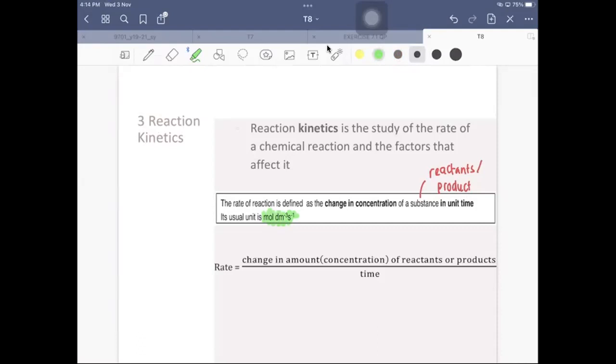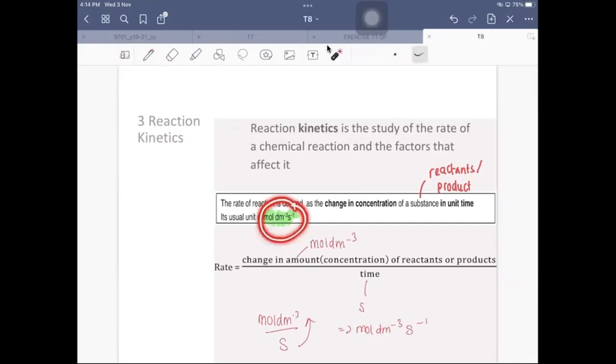So if you want to work out the units, concentration is in mole per dm cube, and time is in seconds. So if you have mole per dm cube over second, you bring up the s, it becomes mol dm^-3 s^-1. So that's how I got my unit.